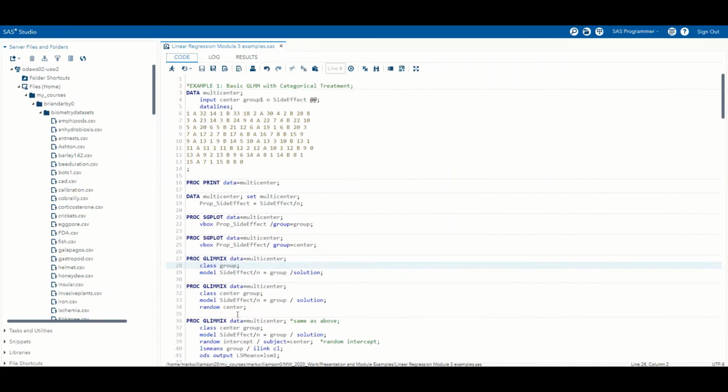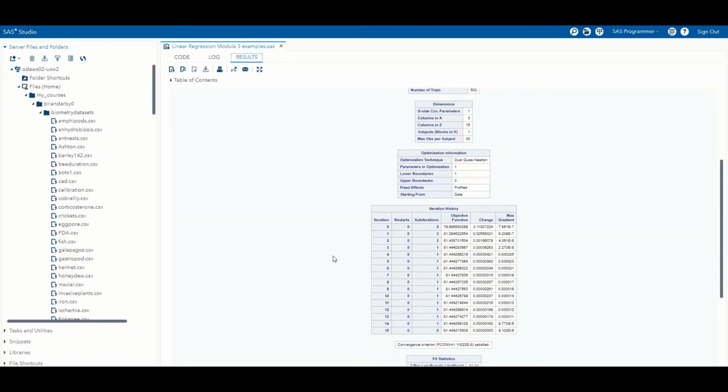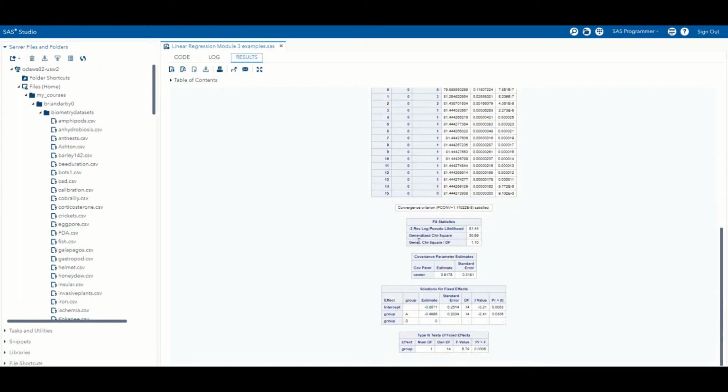So now let's add in our center as a class variable and then as a random effect here, and see what that does. So we go down. We see the fit statistics actually do a lot better, so it's a better fit. And this is our covariance, the random effects. It looks like it's not 0, where 0 would theoretically mean there's absolutely no effect of center.